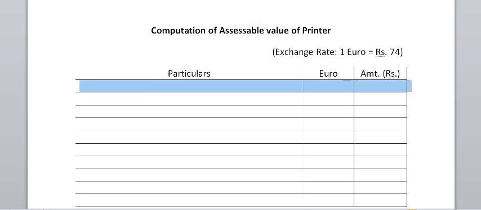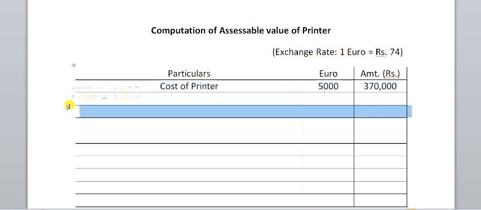Now we'll follow the same procedure to find out the assessable value of printers also. Cost of printer 5,000. Here instead of multiplying by 64, we have to multiply by 74. Why? Because the printer is imported from France and per euro the exchange rate is rupees 74.